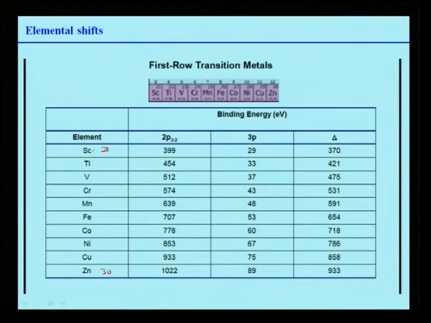The 3p peak shifts from 29 to 89. Now if you make alloys between scandium and titanium, there will be a shift of 327. Similarly, between titanium and the next element there will be a shift of 421. So you can clearly see the shifts because of the formation of alloys among the different elements. This alloys means solution types.